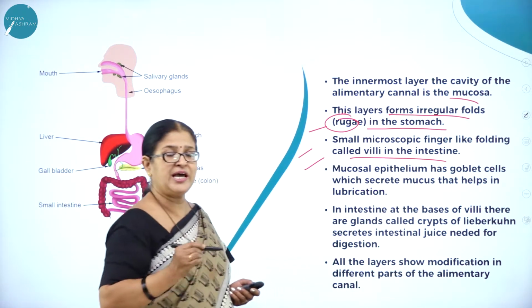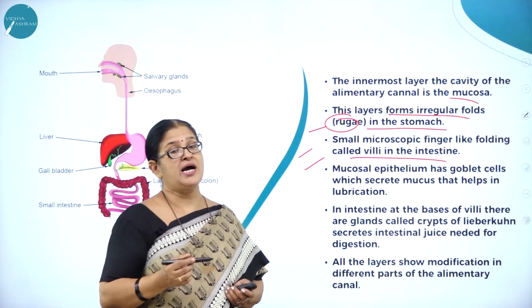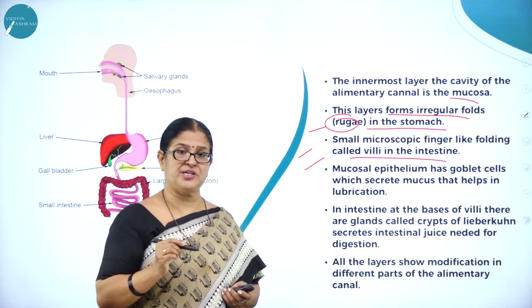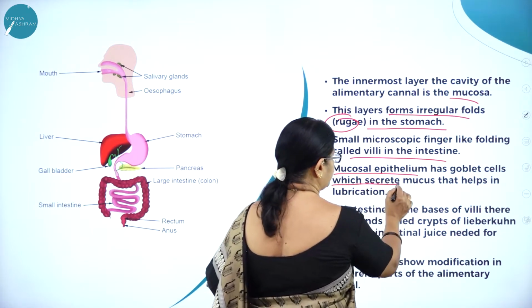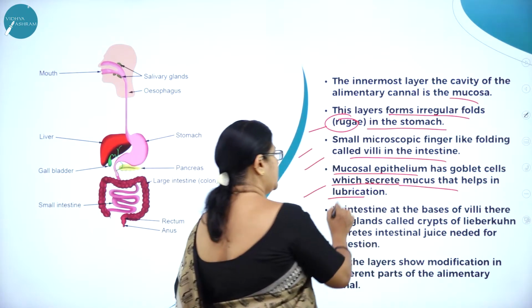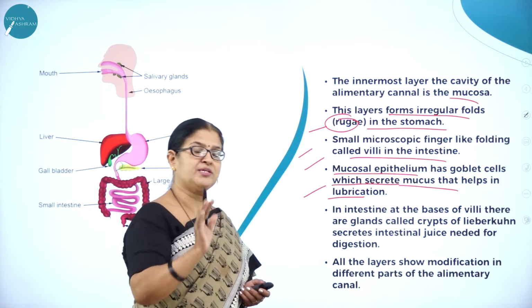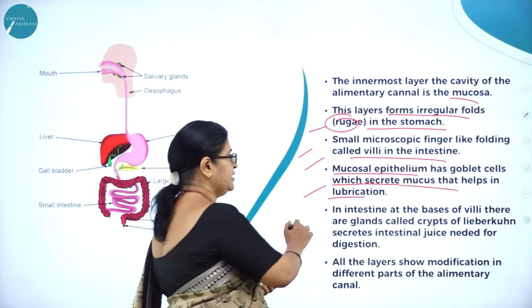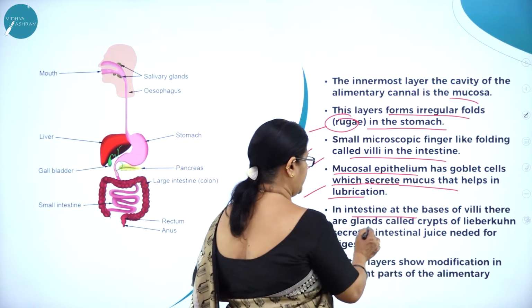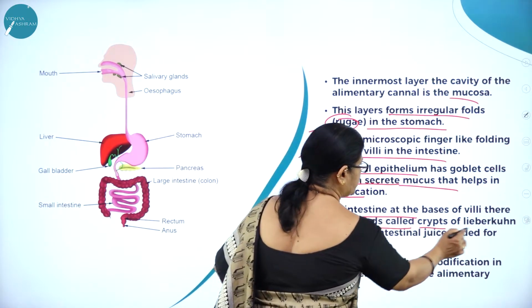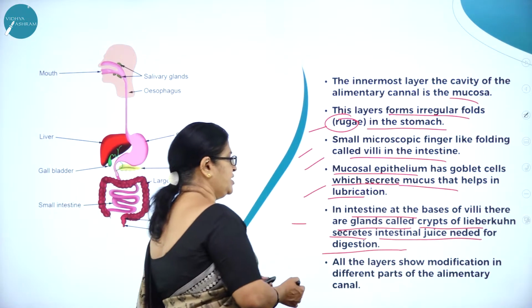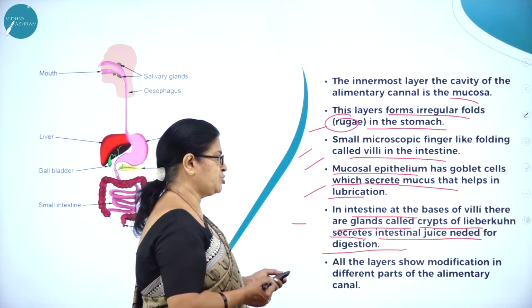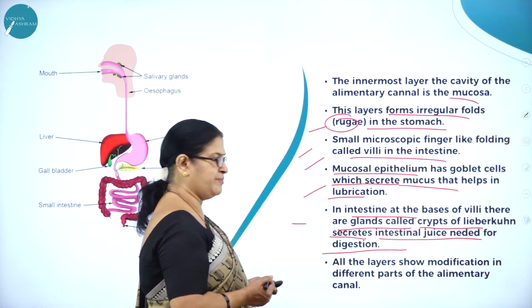The villi, which are finger-like projections, are the major regions of absorption and digestion. The mucosal epithelium has goblet cells which secrete mucus that helps in lubrication. Lubrication means keeping the surface moist. Then in the intestine, at the base of the villi, there are glands called crypts of Lieberkühn which secrete intestinal juice needed for digestion. All the layers show modification in different parts of the alimentary canal.